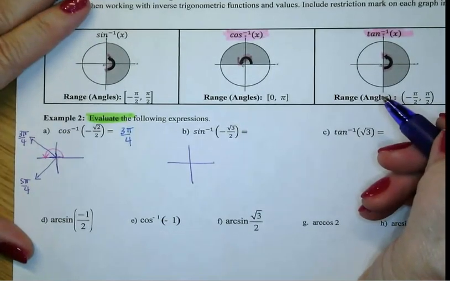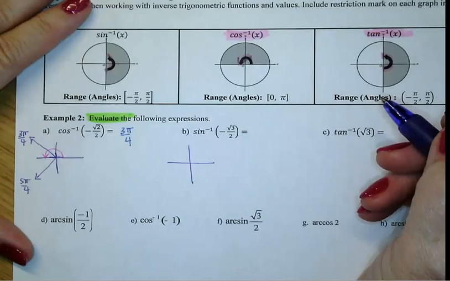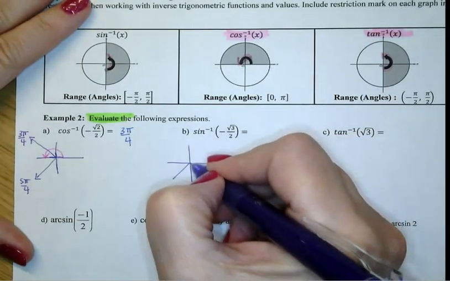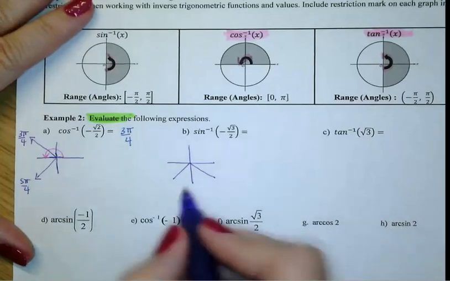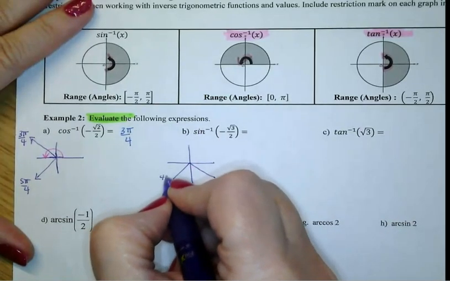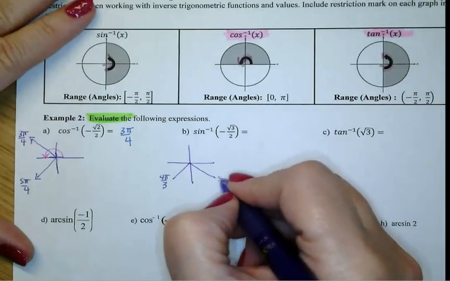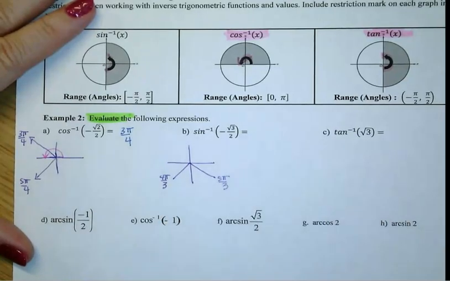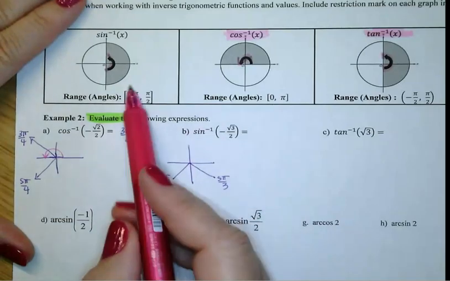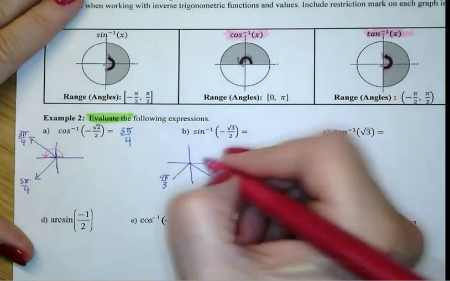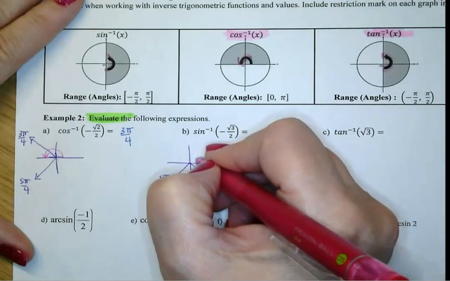And I know that sine has a ratio of negative root 3 over 2 in the third quadrant and the fourth quadrant. And so what would this angle be? 4 pi over 3, good. And in this quadrant, it would be 5 pi over 3. And so our restriction mark for sine goes from negative pi over 2 around to pi over 2. So it's going this way.